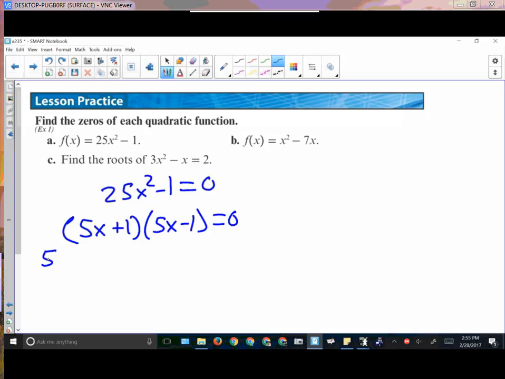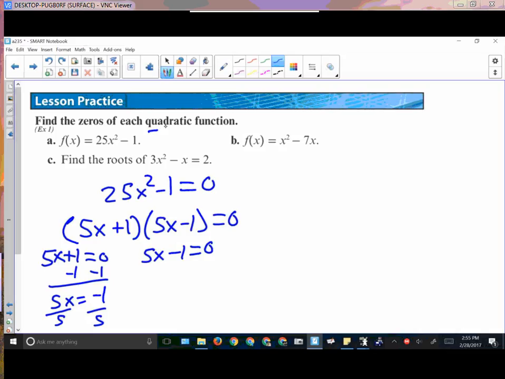So 5x plus 1 is equal to 0, 5x minus 1 is equal to 0. Subtract 1, subtract 1. 5x is equal to negative 1. Divide by 5, divide by 5. So we have one that is going to be at negative 1/5.